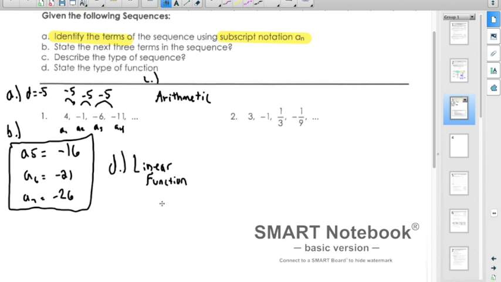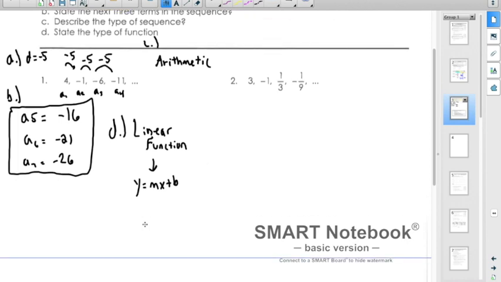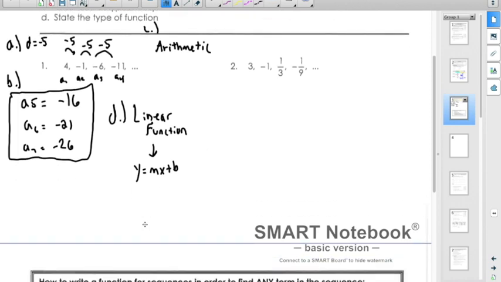Typically, if we have a linear function, right, it would look something like y equals mx plus b. And the good news about arithmetic sequences and geometric sequences is that it really follows along with how a linear function looks. It looks very similar. So if we were to plug in for our slope, m, hopefully we would know that it's negative 5.